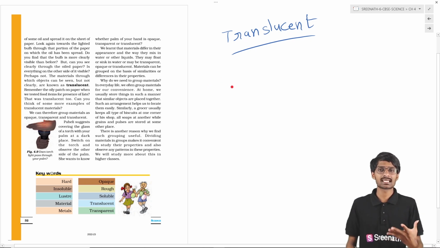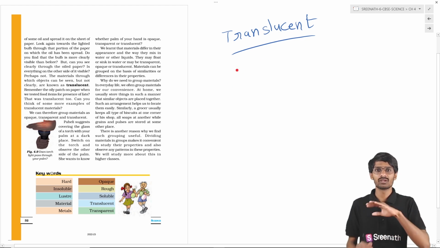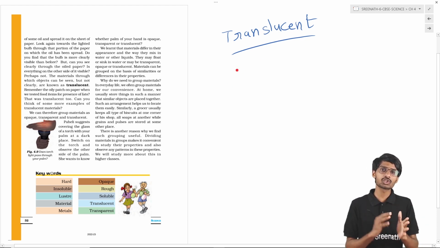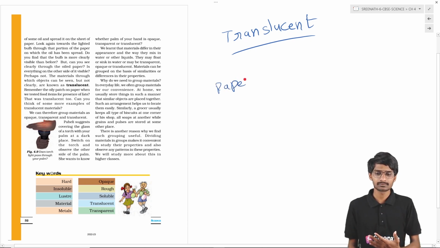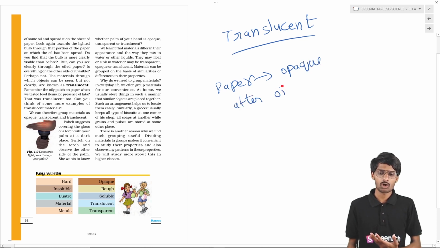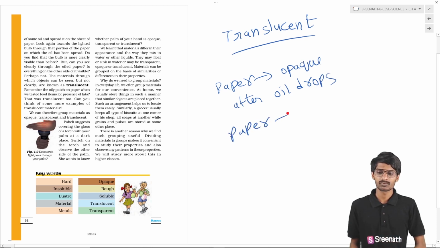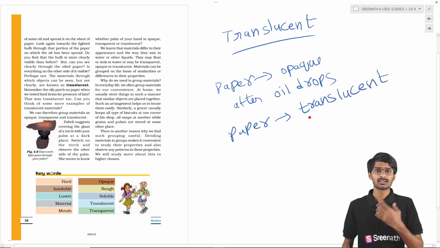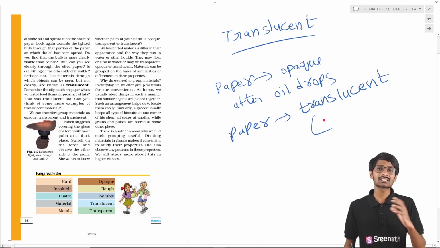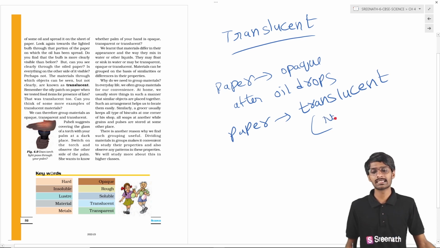So we call that translucent material. Before dropping the oil, you can't see through the paper, it is opaque. But after the oil drops, that paper becomes translucent. Why translucent? Not clearly visible, but visible.